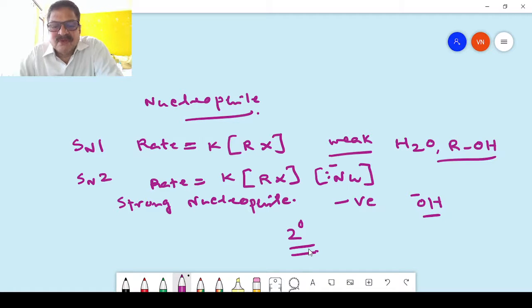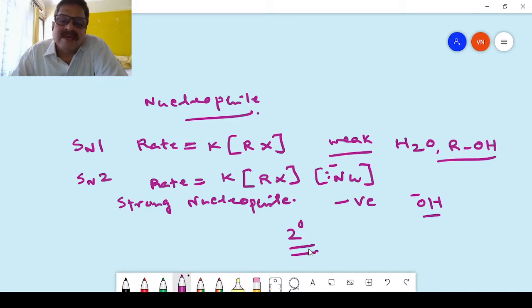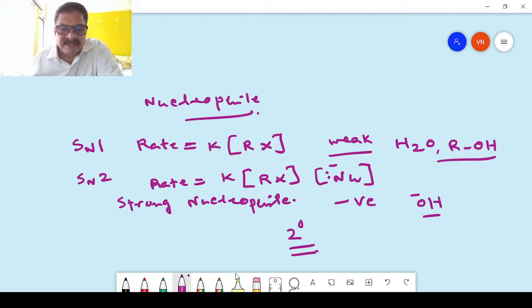We have seen the mechanism of nucleophilic substitution as well as the stereochemistry. When a secondary alkyl halide is used as a starting material, the nucleophile is very, very important here.